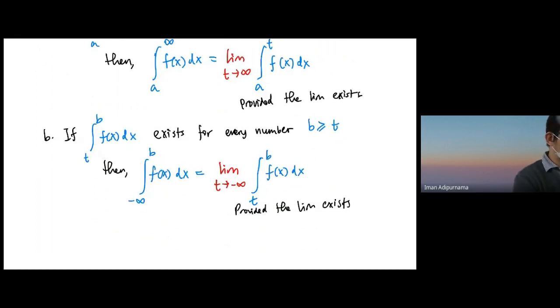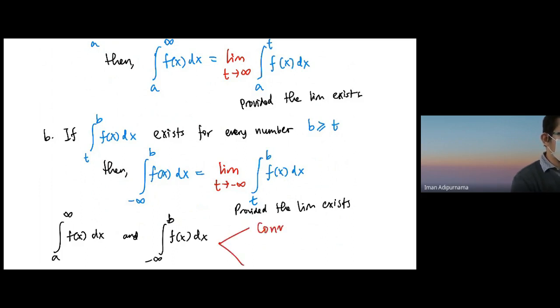We call the integrals from a to infinity of f(x) dx and from negative infinity to b of f(x) dx convergent or divergent. Convergent is if the limit exists, and divergent if the limit doesn't exist or tends to be an infinite number.